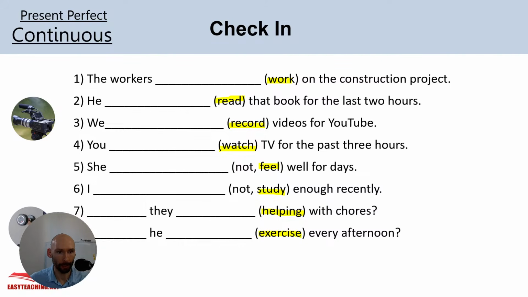Also for these two, number 5 and 6, they're negatives. For questions 7 and 8, they're questions. So be careful with those 4. If you've got any questions about these sentences, you can let me know in the questions below. Otherwise, have a go now, and I'll wait to see how everybody goes with them.